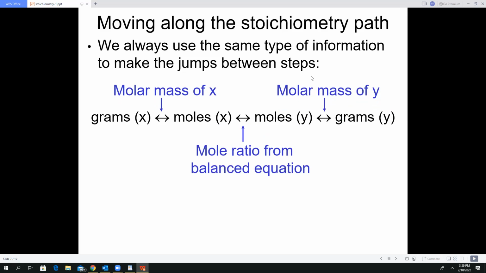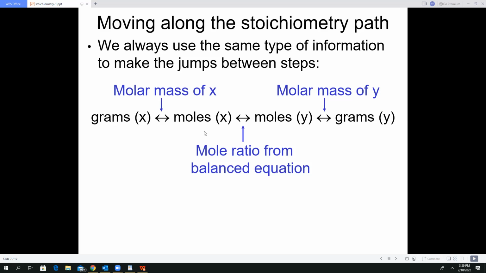And for this one, you need the molar mass of Y. So identifying where you're coming from and where you're going is very important so you can know what you need. You might want to write this one down, take a picture, whatever you want to do. I would have this pattern with these little bridging data that you'll need written down somewhere.